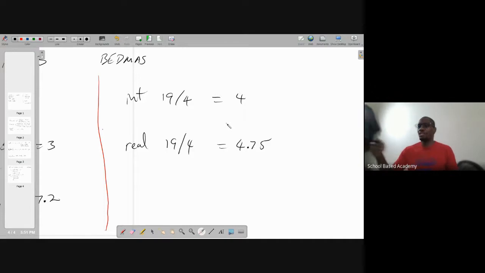If it's an integer division operation, then the value that will be saved is 4. Okay, that's just the nature of integers. Integers don't hold and don't care about the excess amount, the remainder, right?